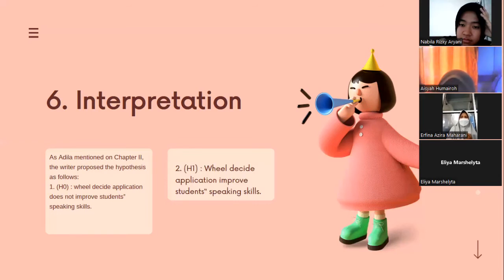The significance score of the students' speaking test result showed that using the Will Decide application with 10th grade students of senior high school Nurul Hikmah can improve their speaking skills. I think that's all. Back to the moderator.